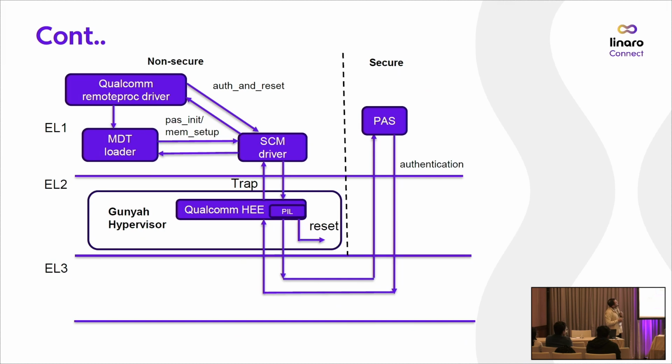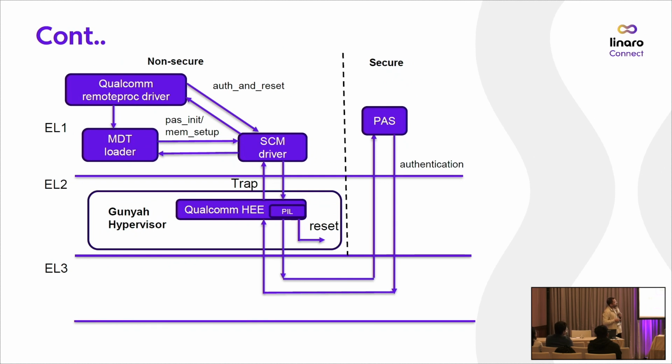When this comes here, this is the secure EL1 code driver, a Linux driver. Then it will trap to the Gunyah hypervisor. This call has to authenticate the metadata, because the firmware binary will have metadata, and the metadata has to be authenticated as well.